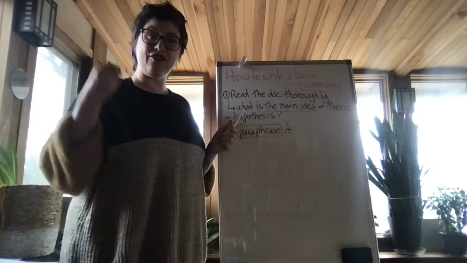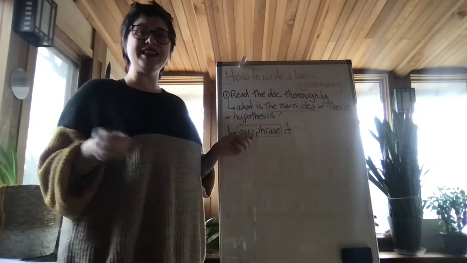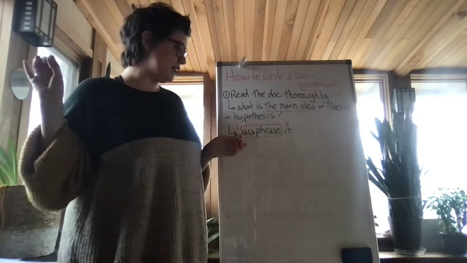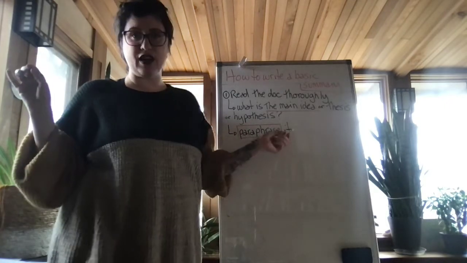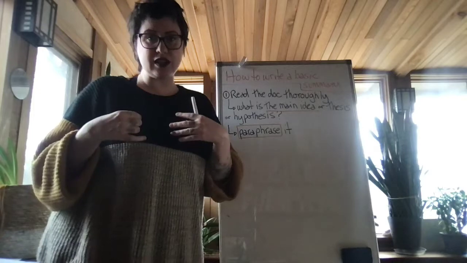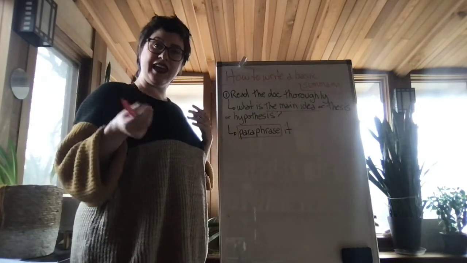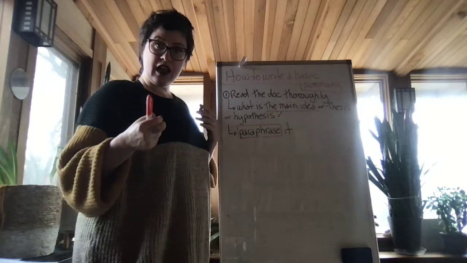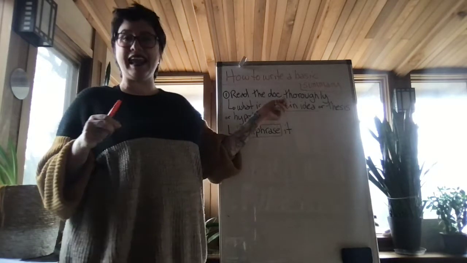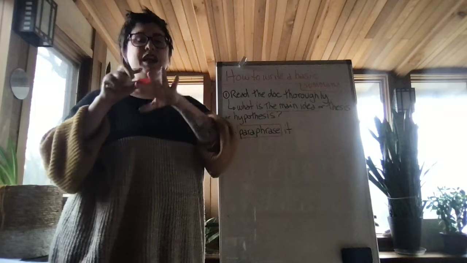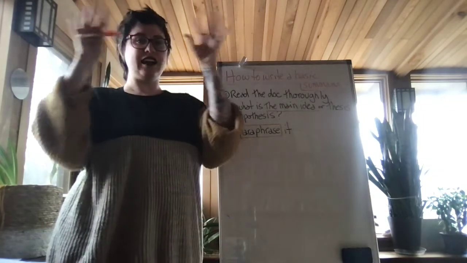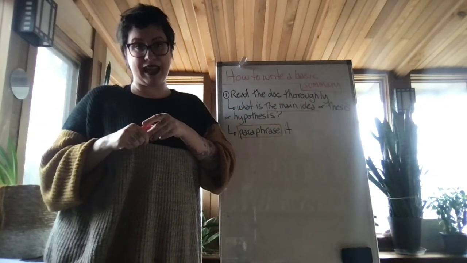Once you have identified that, you need to write that out on a separate document and paraphrase it or put it in your own words. You might not be paraphrasing from one thing directly. For example, if it's just the main idea of an article, this might be your private understanding of what the main idea is.